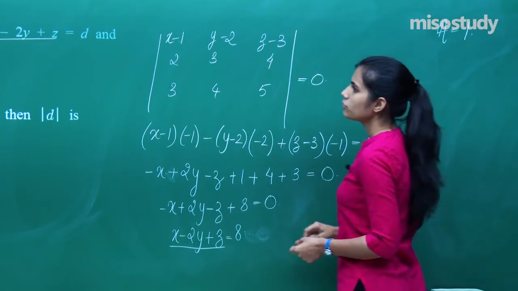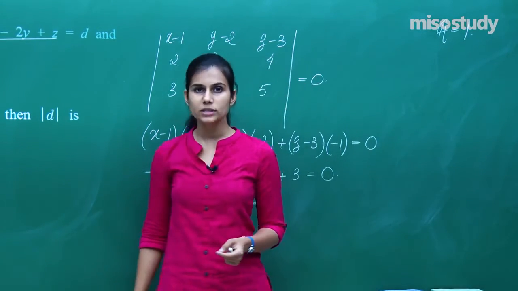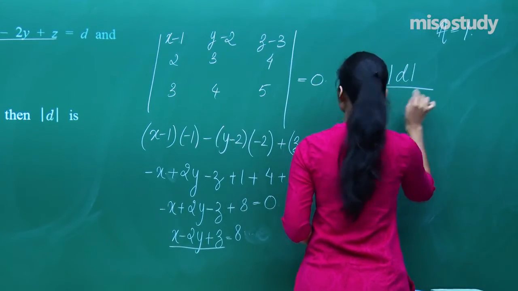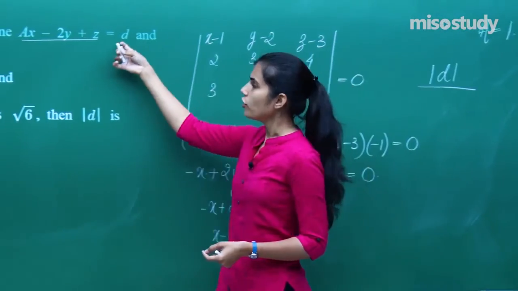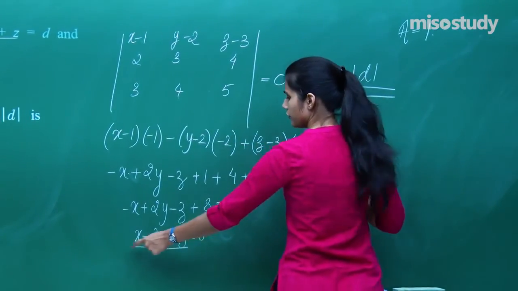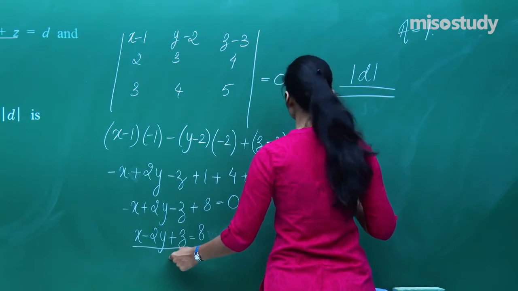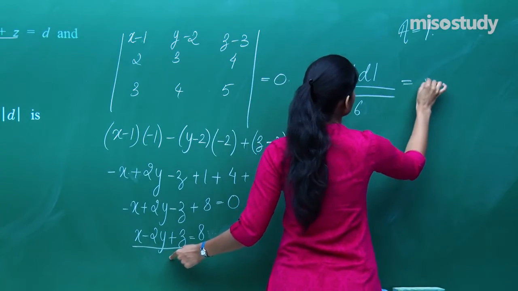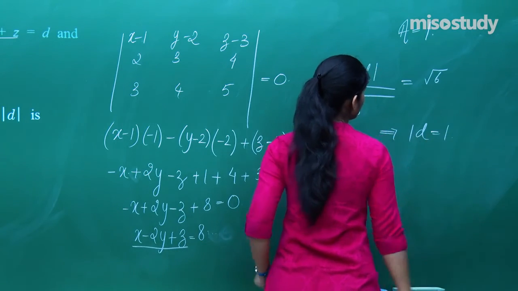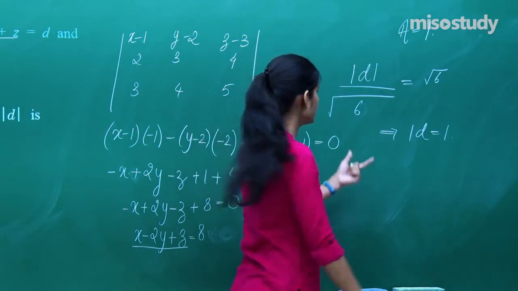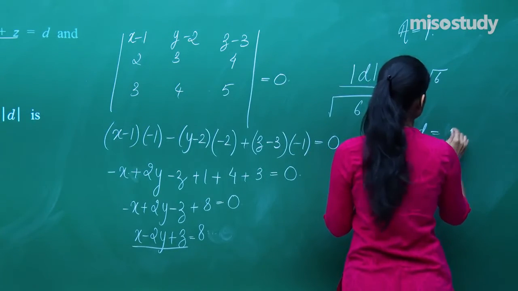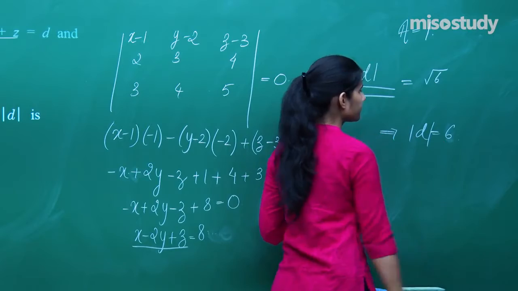A is 1, and now you are saying that the distance between them is root 6. So the distance is actually mod of d. D is given to you here. Mod of d whole upon under root 1 square plus minus 2 square plus 1 square, which is root 6. This is given to you as root 6, so this is actually equal to 6.